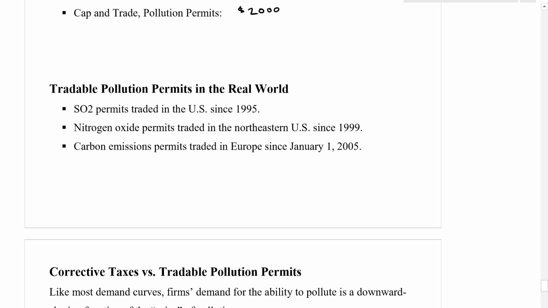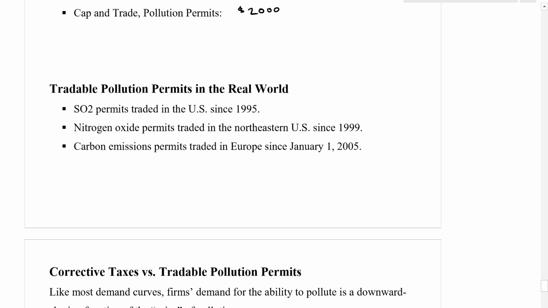And so ultimately, just some summary information here. We have the corrective tax and tradable pollution permits. These two end up with the same outcome, same effect as the tax.